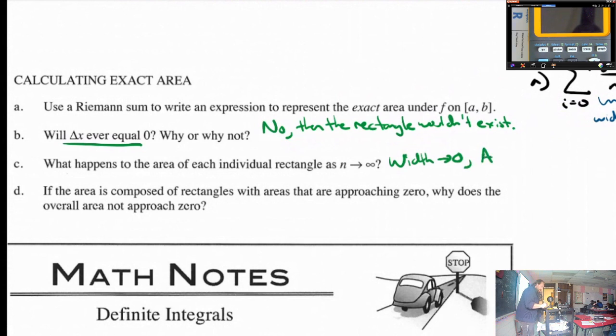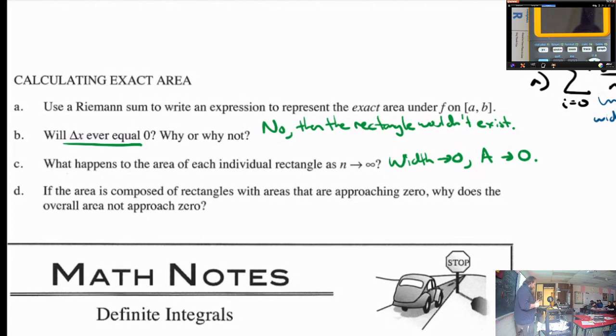Therefore, the area also approaches 0. However, the area never actually gets to be 0. The width gets to be 0, but the height of the rectangle is kind of set by the function itself. So the area is kind of this little area problem where it's 0 times the height.